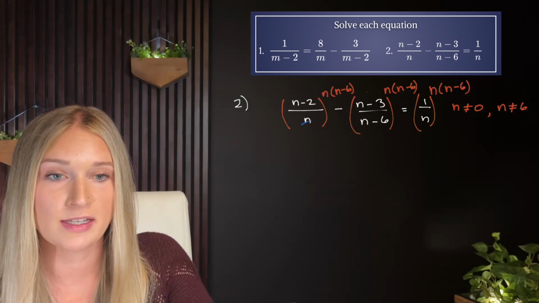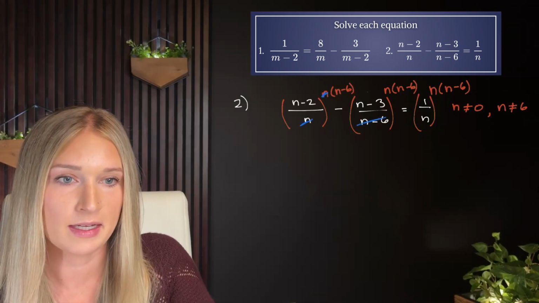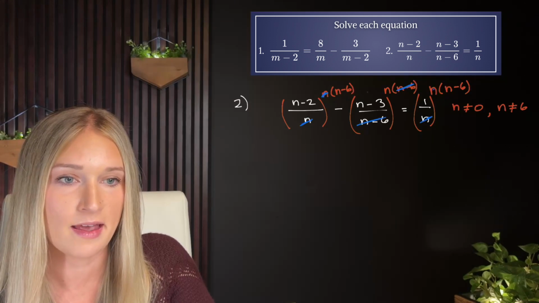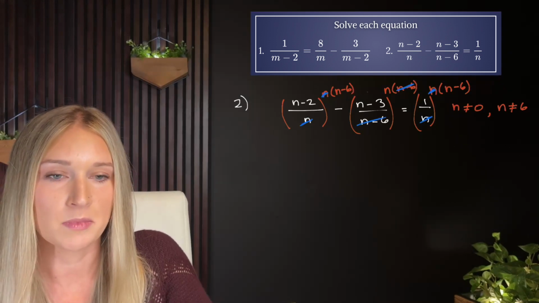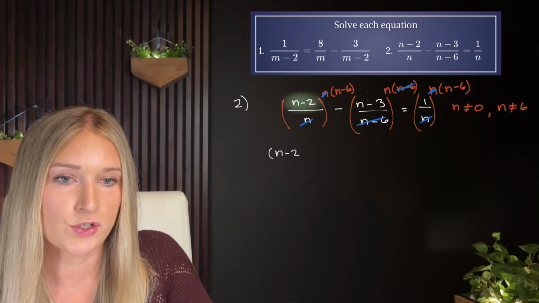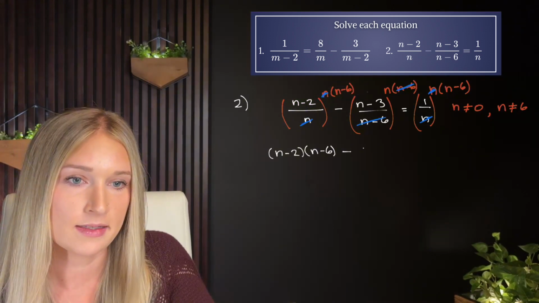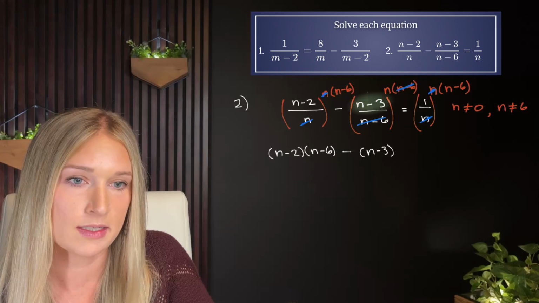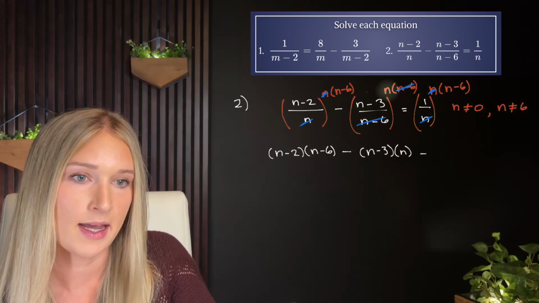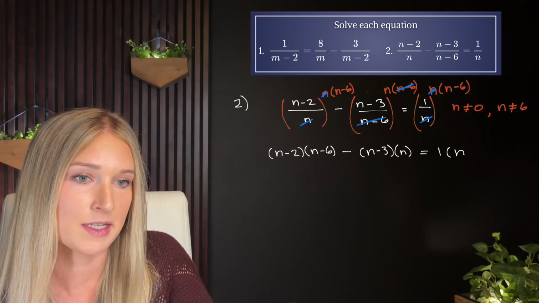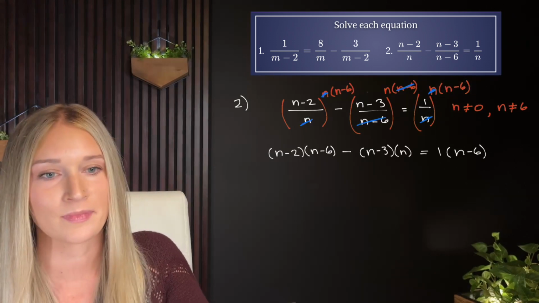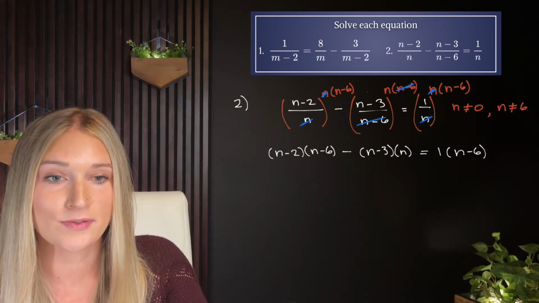My first fraction, the n's reduce. In the middle, the n minus 6's reduce, and at the end, the n's reduce, leaving me with n minus 2 times n minus 6 minus n minus 3 times n, and that equals 1 times n minus 6. I will simplify and solve.